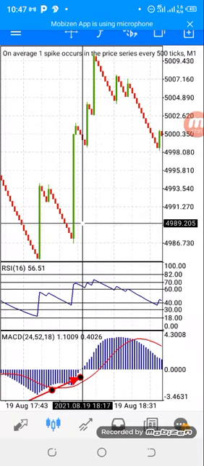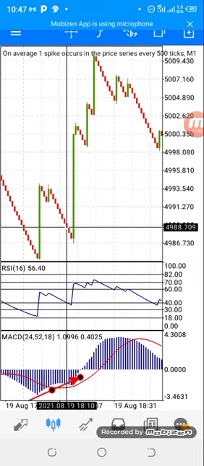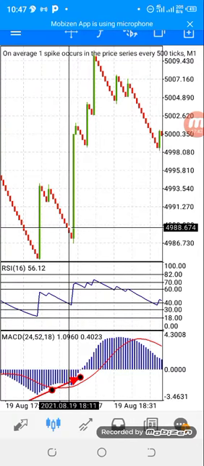As you can see from this level, the RSI line touches the 40 oversold level at this point, and at the same time the MACD bar is above the red signal line. Once you're able to identify these two, you are good to go.